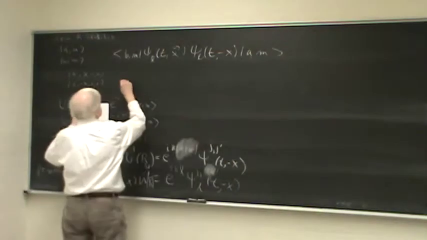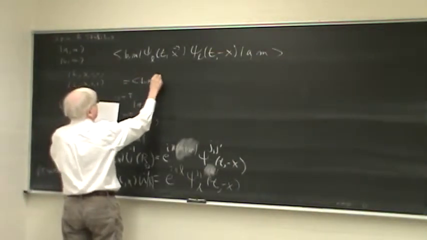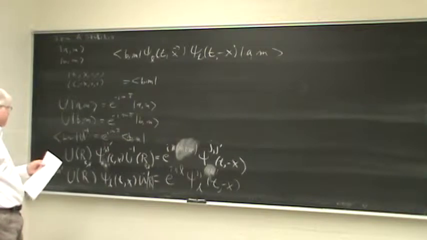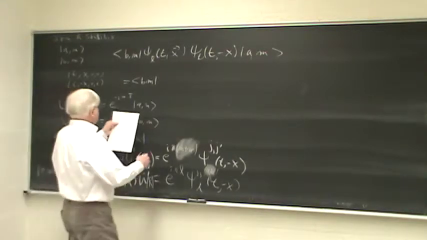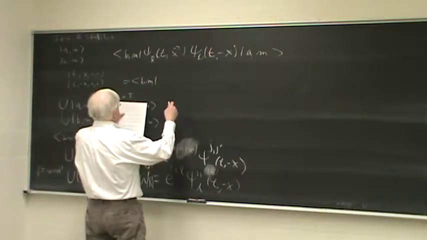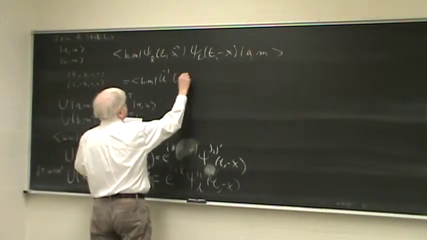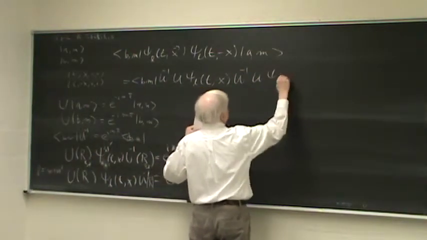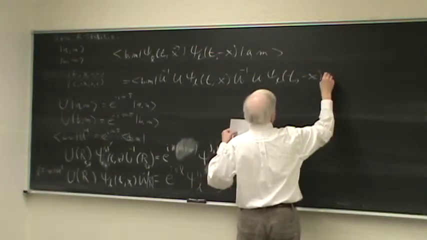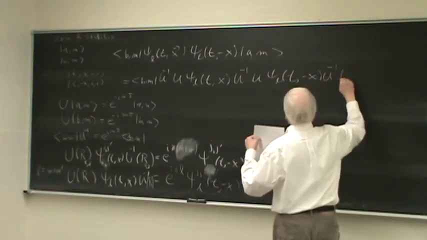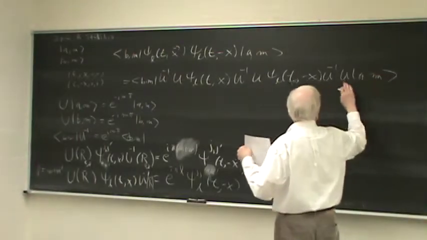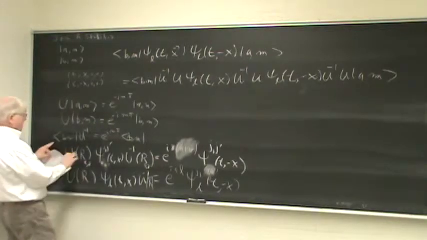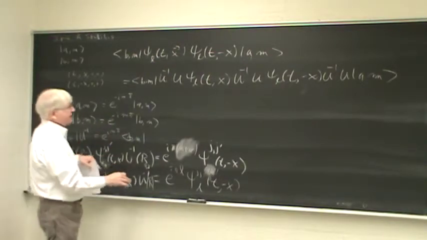And now I'm going to insert B_m U dagger U, or U inverse U rather. And so this will be U inverse U psi_L(t, x) U inverse U psi_L(t, -x) U inverse U A_m. Now U on A_m is equal to e to the minus i pi m A_m. U inverse on B_m is equal to e to the i pi m B_m.